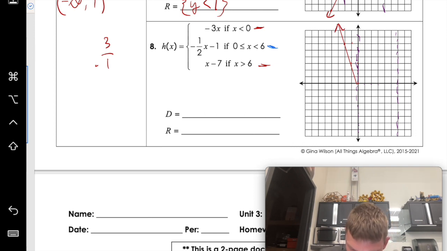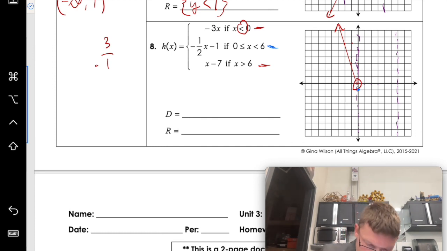So now what kind of dot are we going to put right there? If I'm looking at this, there is no equal to sign, so that is going to be an open dot. Okay, so now we're going in the middle. Our y-intercept is going to be -1. So I'm going to come over here to -1, make a little makeshift dot for now.